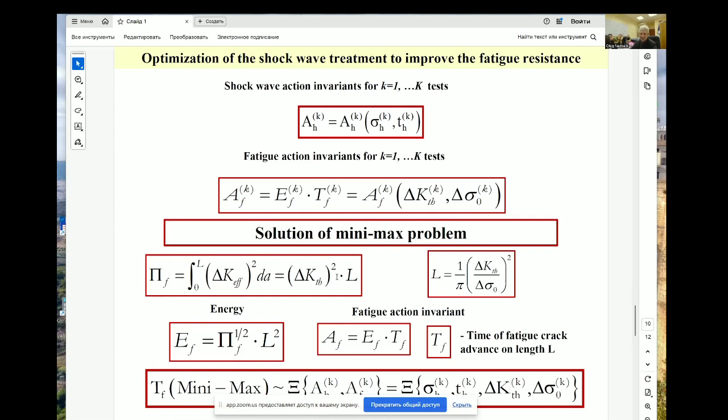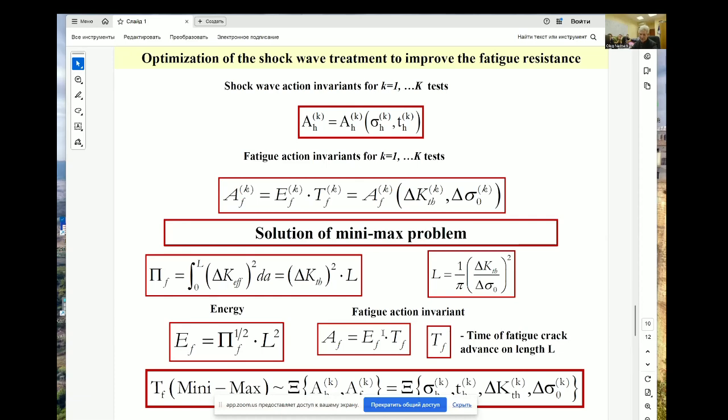It means that self-similarity in terms of the universality of power laws, both for shock wave loads and fatigue loads, can be used as a background to introduce invariants that reflect the wave nature or non-locality nature of crack propagation to estimate the characteristic time of crack advance.